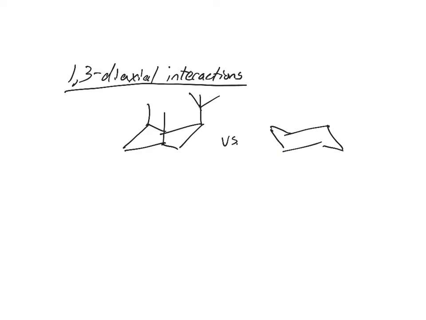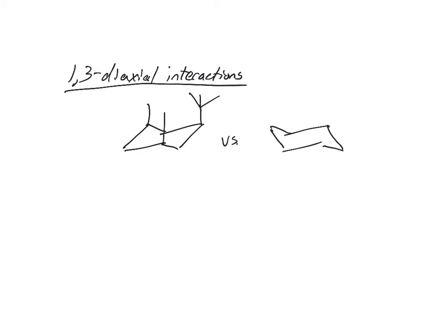What happens is big things don't want to be axial because big things end up getting in each other's way, and we call that a 1,3 diaxial interaction, meaning they're 1, 2, 3 carbons from each other. So these groups are axial and they're in each other's way. So we call that a 1,3 diaxial interaction. That's why it's better to have bigger groups equatorial.